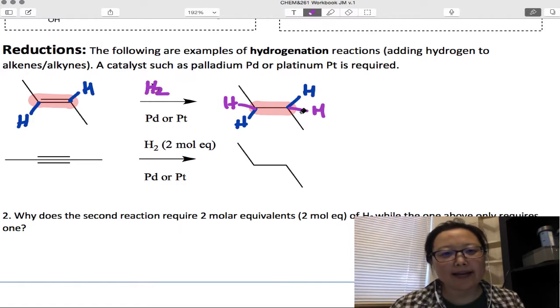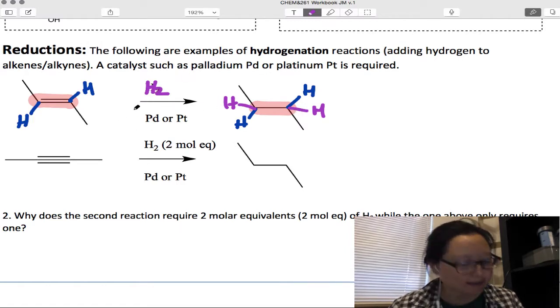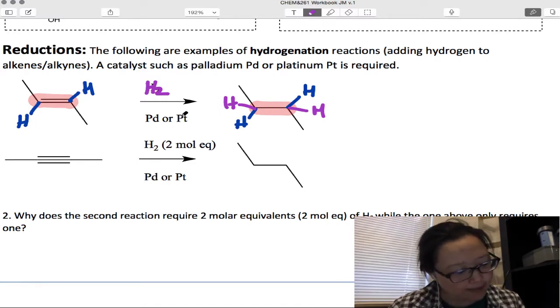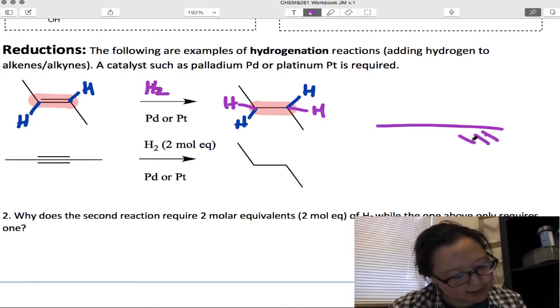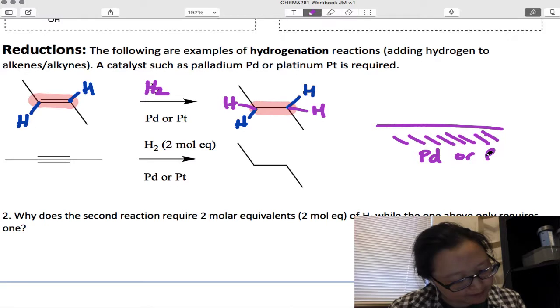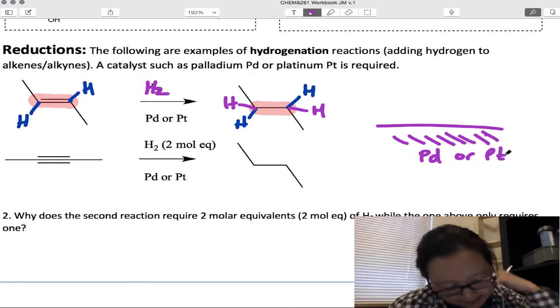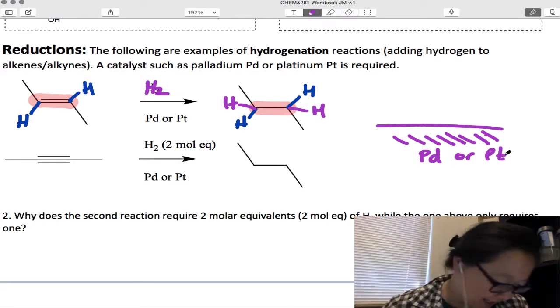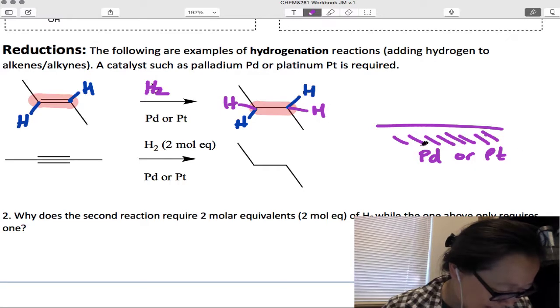So we're adding hydrogen. Now this requires a catalyst of either palladium metal or platinum metal.